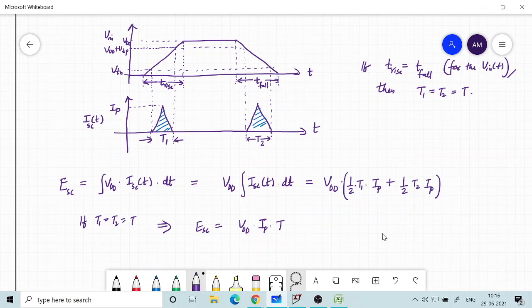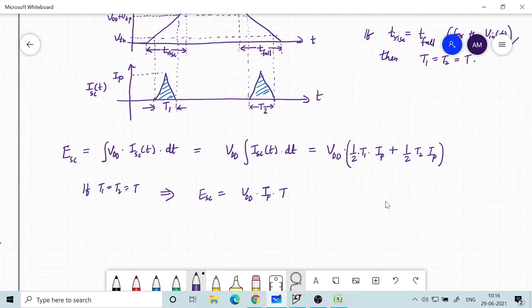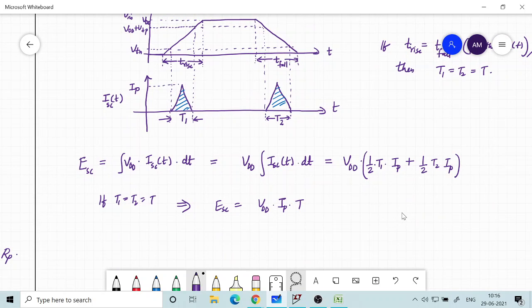Now, what is this T? We should come up with an expression for T so that we can write it more appropriately. T is basically connected with VTN and VDD plus VTP. The total voltage change is basically VDD.